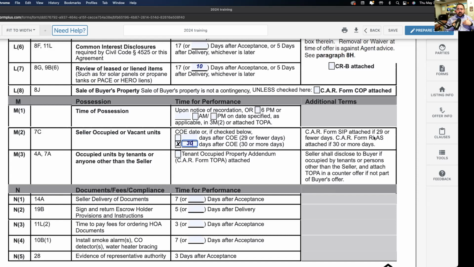If the listing agent tells me, hey, by the way, we're going to need 30 days after close of escrow, then I'm going to check the box down here and include the RLAS. If they tell me, hey, listen, we need 15 days after close of escrow, I'm putting it up here on this line and I'm including the SIP.